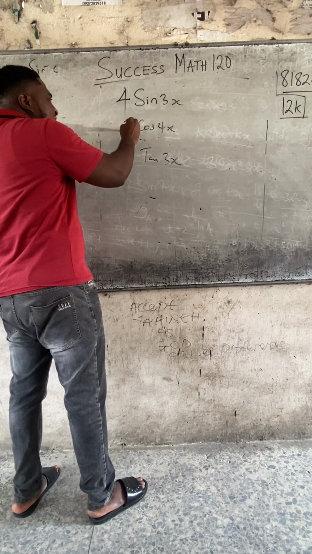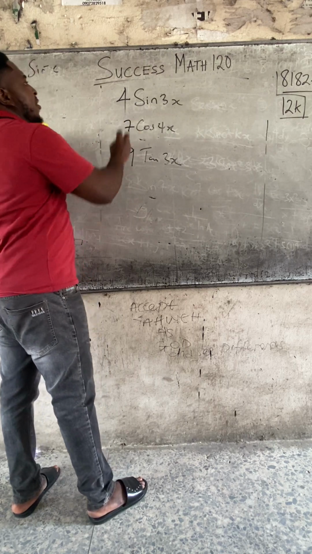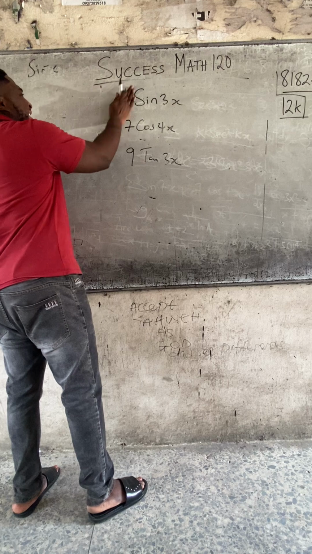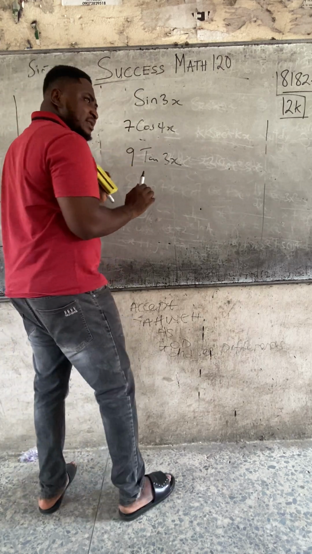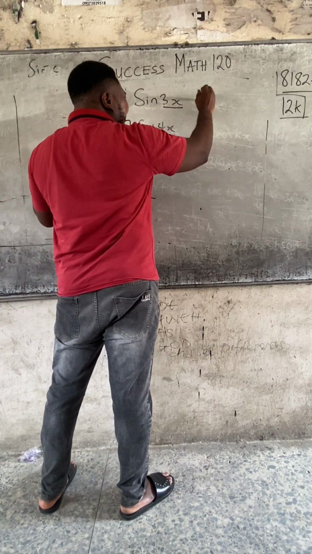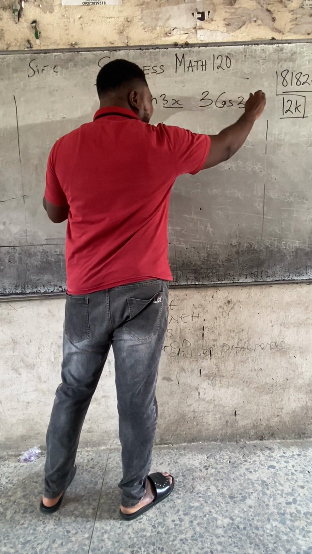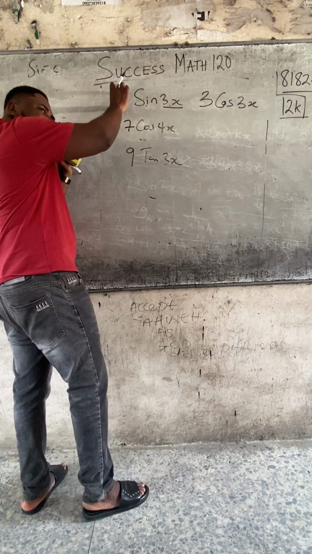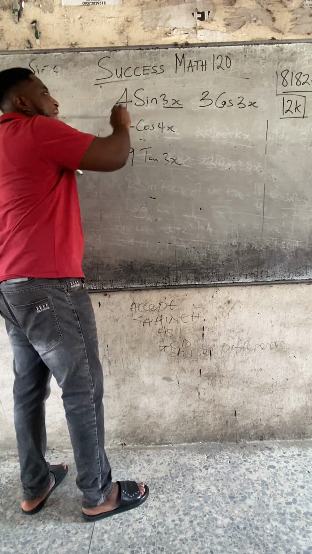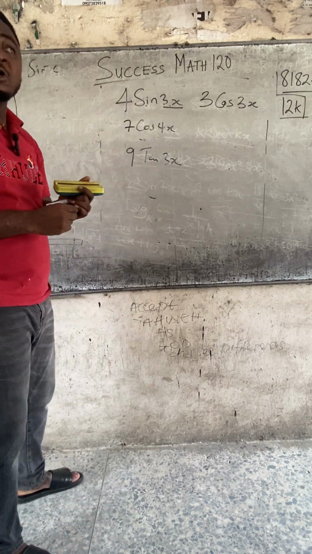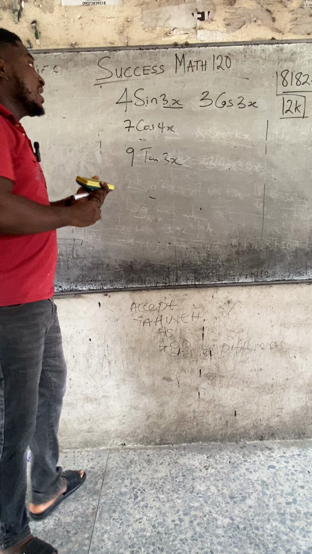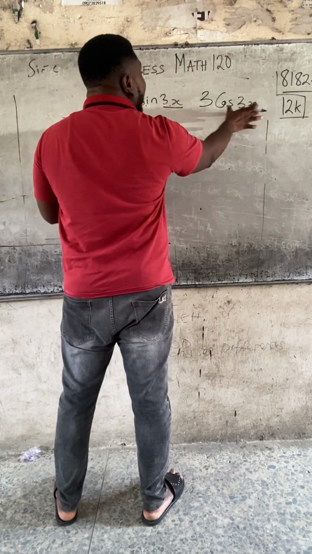What if there's a 4? What if there's 7? What if there's 9 here? 4 sine 3x. Before, if it's just sine 3x, what will you do? Differentiate 3x, you have 3. Sine changes to cos, repeat your 3x. There was no problem here, right? I've now added a 4. Class, what I'm just telling you is that this 4 does not change anything. Still do this as sine 3x, you have 3 cos 3x, right?